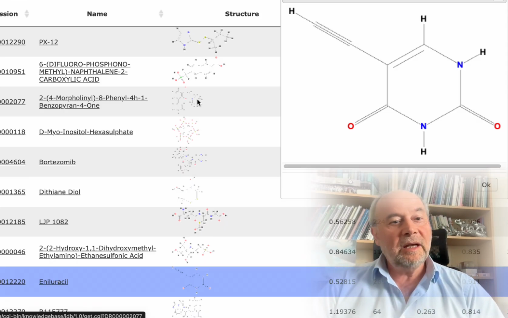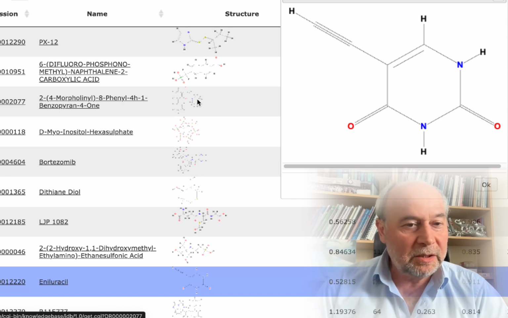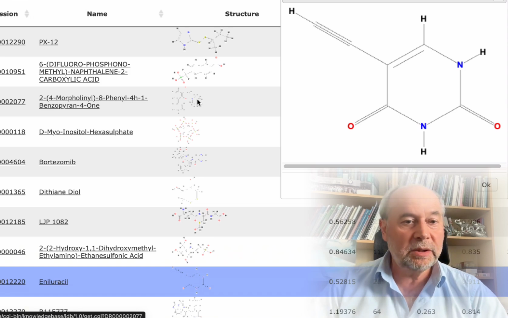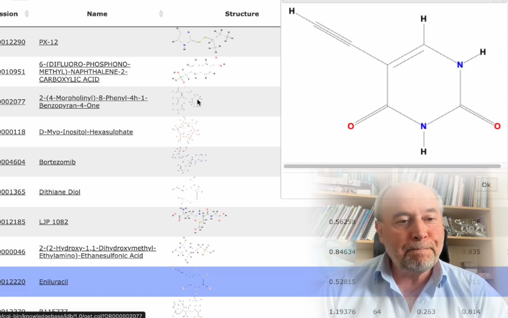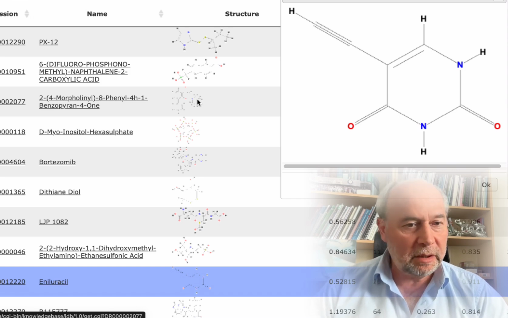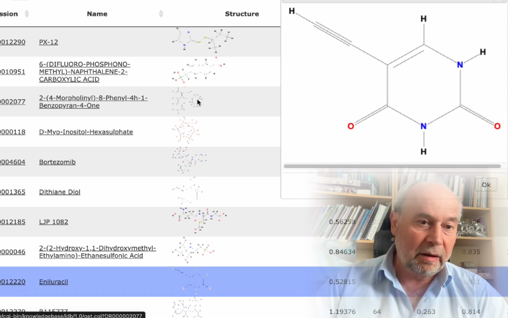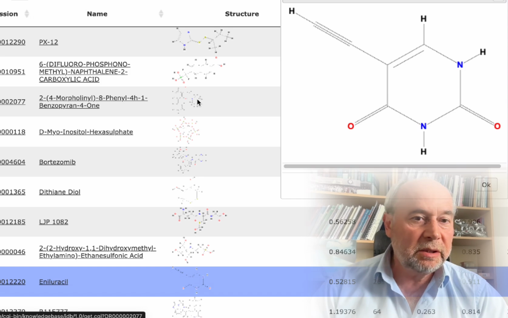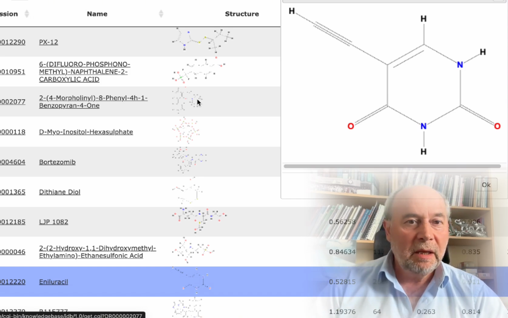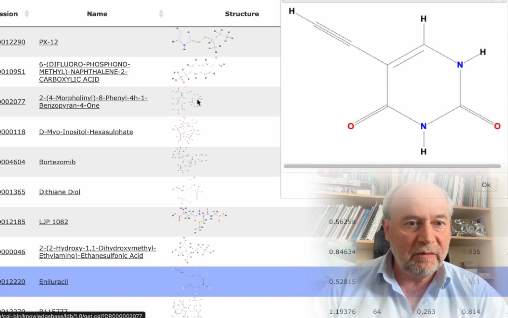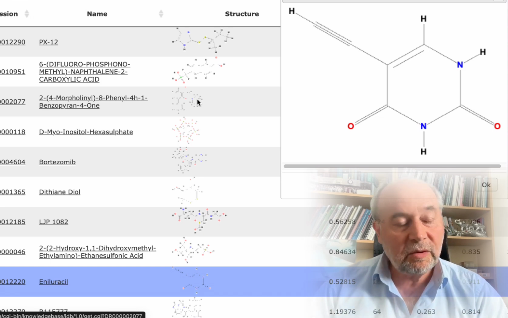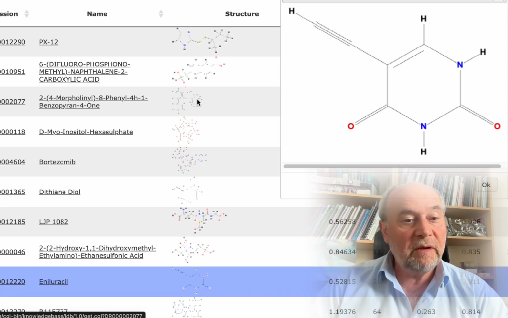But in fact, this combination of Uracil with 5-FU was quite well known. In the early application of 5-FU, people already found out that by combining it with Uracil, they get better efficacy. But then Uracil was substituted by a real new drug, which was developed on the basis of Uracil and was much more effective.